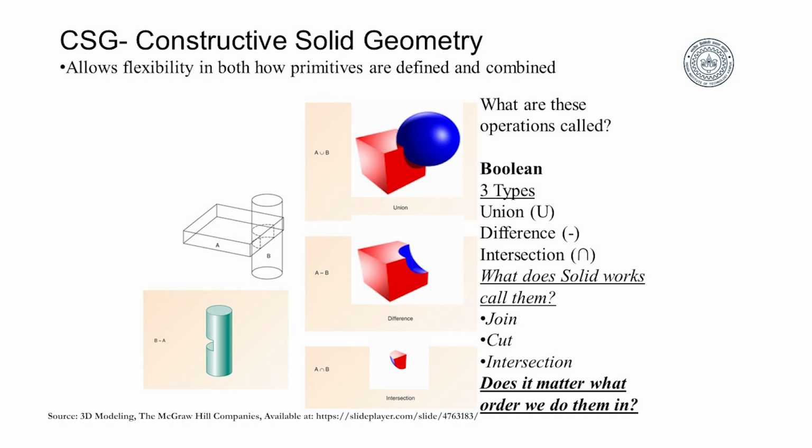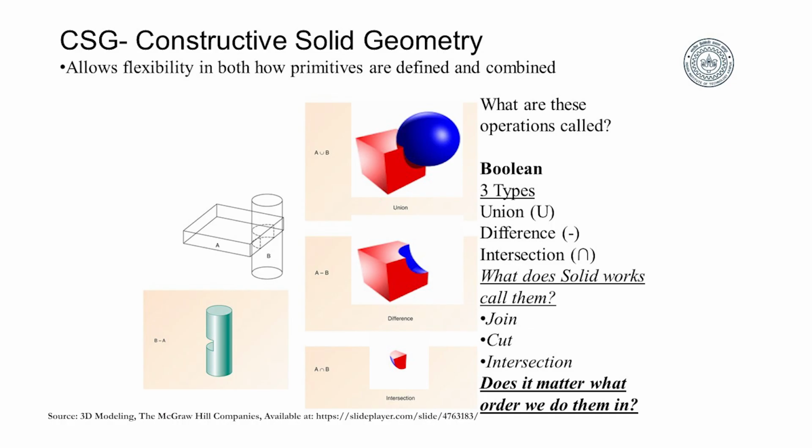If you combine a cube with this sphere, that is a union operation, but if you subtract this sphere from this cube, you get this sort of shape, that is a difference. Whereas, if you intersect A and B, you get the common area, which is this. So, constructive solid geometry uses union, difference and intersection to create your parts.